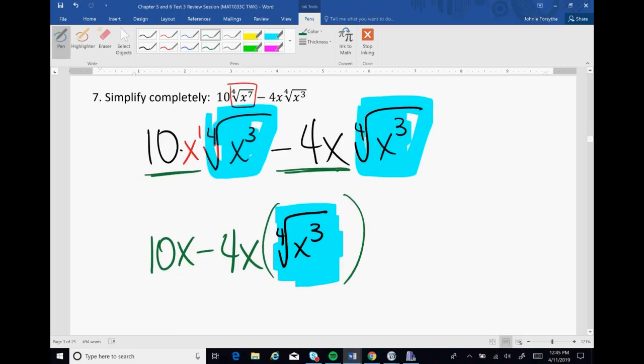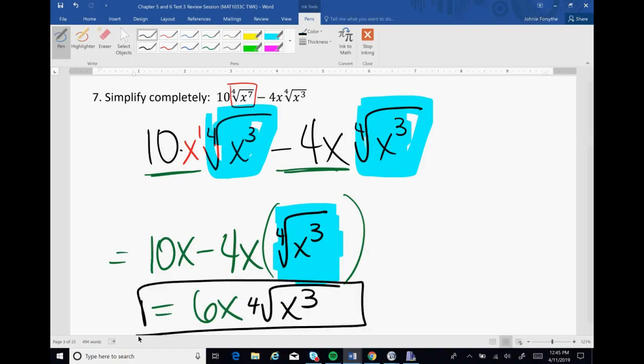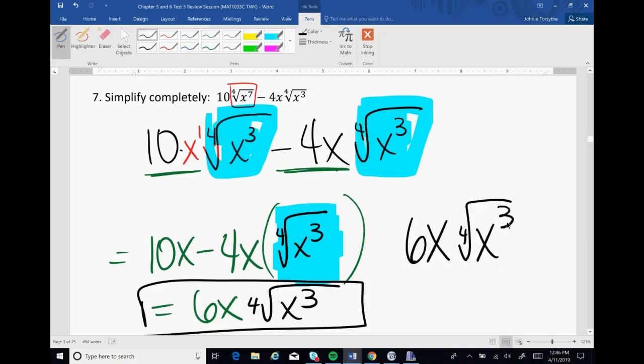And then what's 10x minus 4x? Well, that equals 6x times the 4th root of x to the 3rd. And that would be your final answer. Let me write that again. 6x times the 4th root of x to the 3rd.